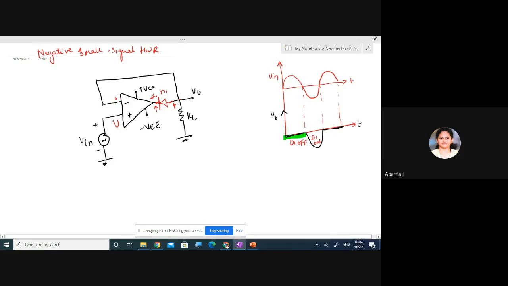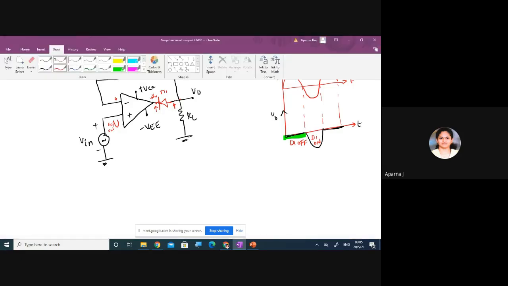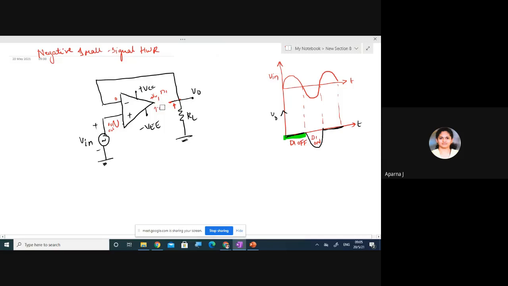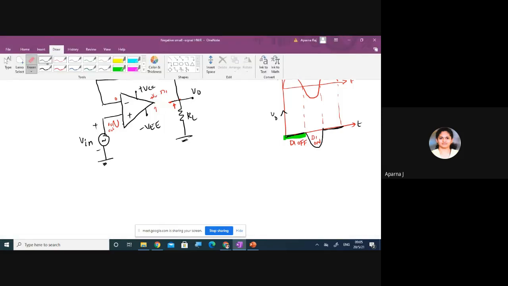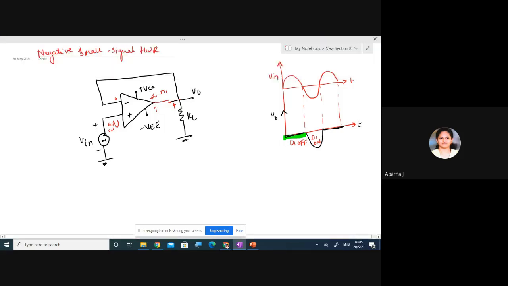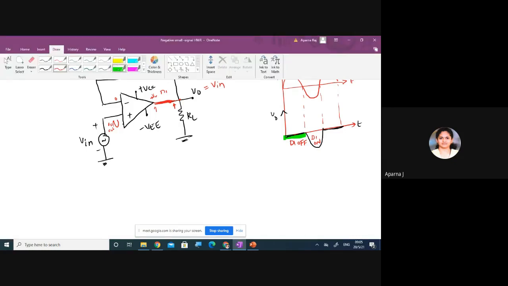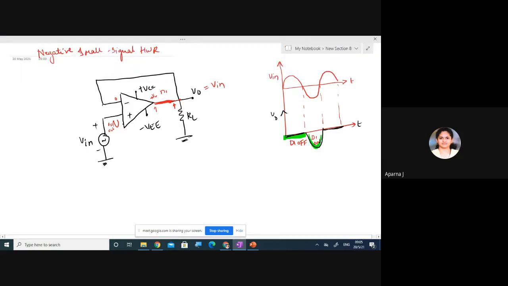For a very small voltage, when it is just 0.01, 0.02, at that time itself we get a negative voltage here, by which the diode D1 conducts. D1 is forward biased, it will conduct, and V0 will be equal to Vin, so we will get the negative cycle. So this is what we obtain, that is the negative cycle.